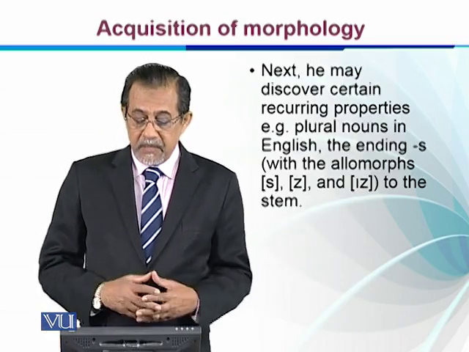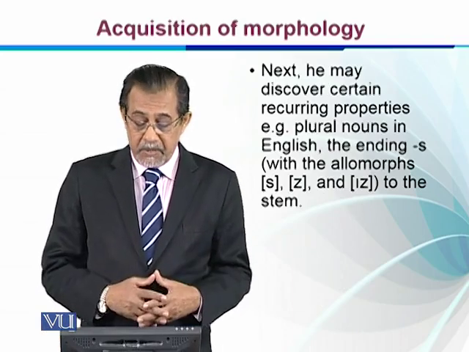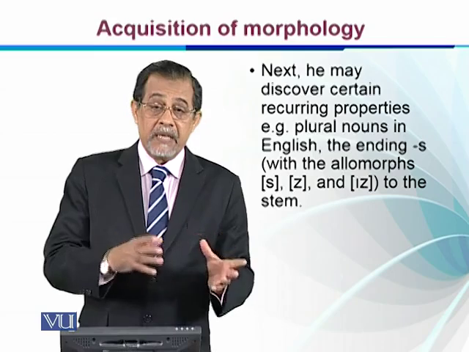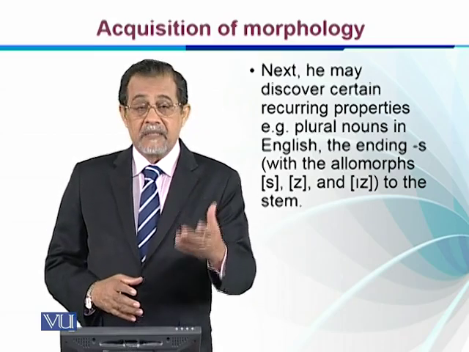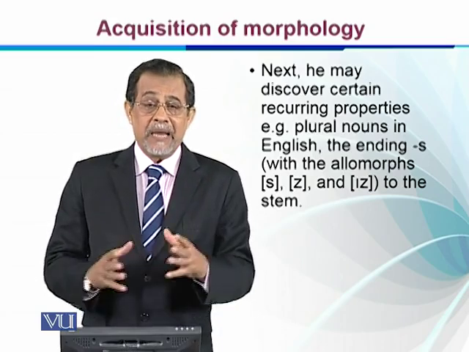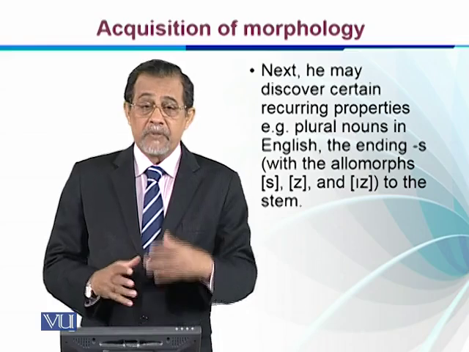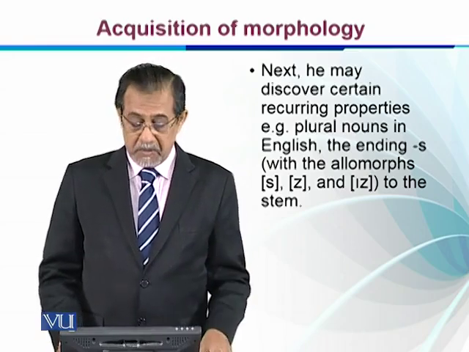Next, he may discover certain recurring properties. For example, the plural noun ending in English can have allomorphs like s, z, iz. So the child correctly applies these plural allomorphs to words, especially to nouns.